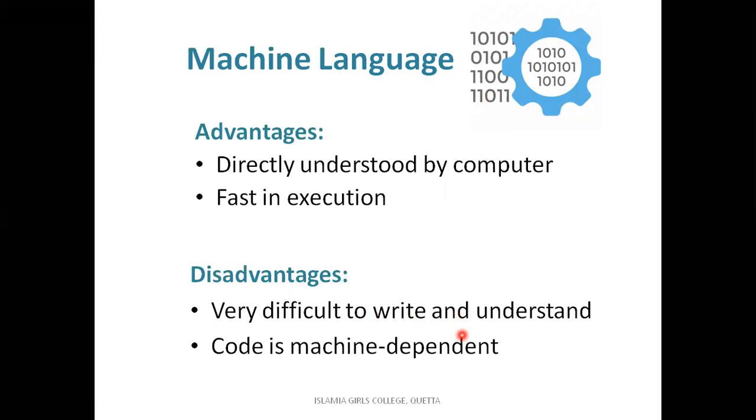And if there are problems, to find the errors in the code is also very difficult. Second is that the code is machine dependent, as I have explained, that if you want to write the code for different devices, then you will have to write the code again separately for such devices. So the same code could not be run on every computer and device.